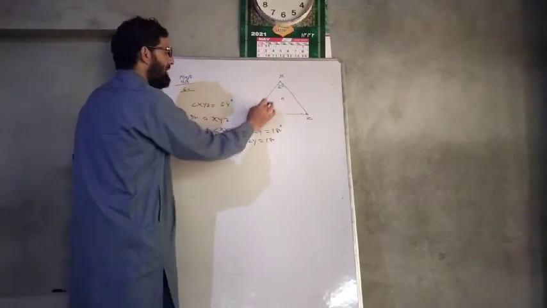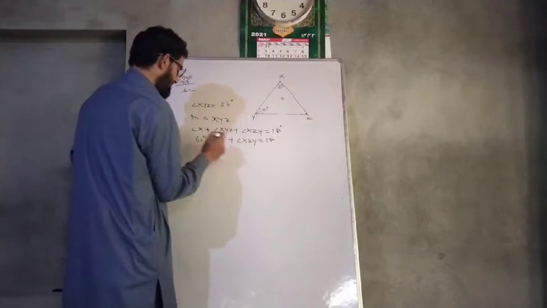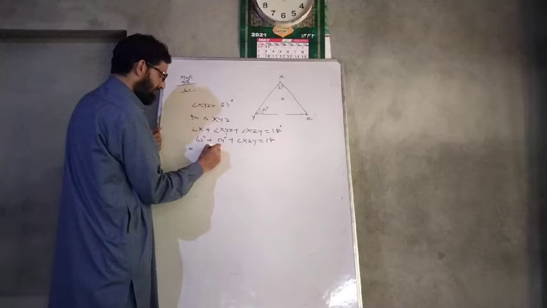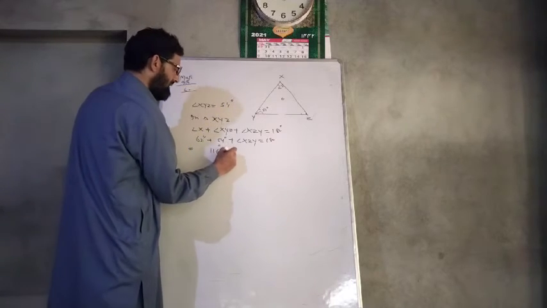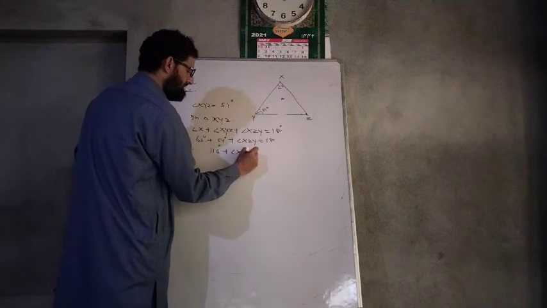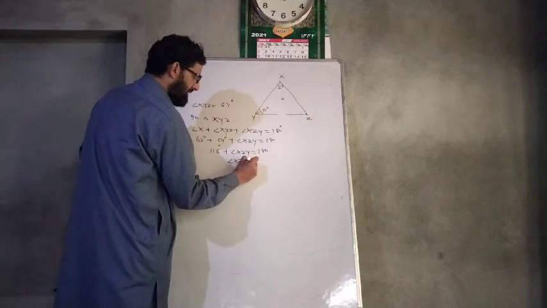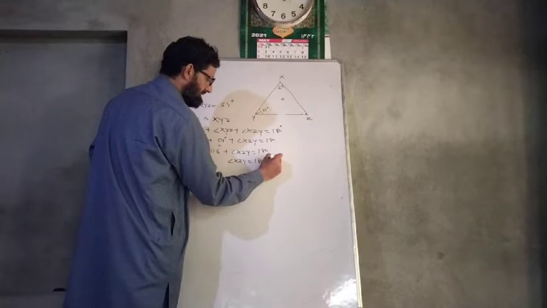This is 62 and this is 54. This is to be determined. Here we go. This is 116 plus angle XZY is equal to 180. Angle XZY is equal to 180 minus 116.